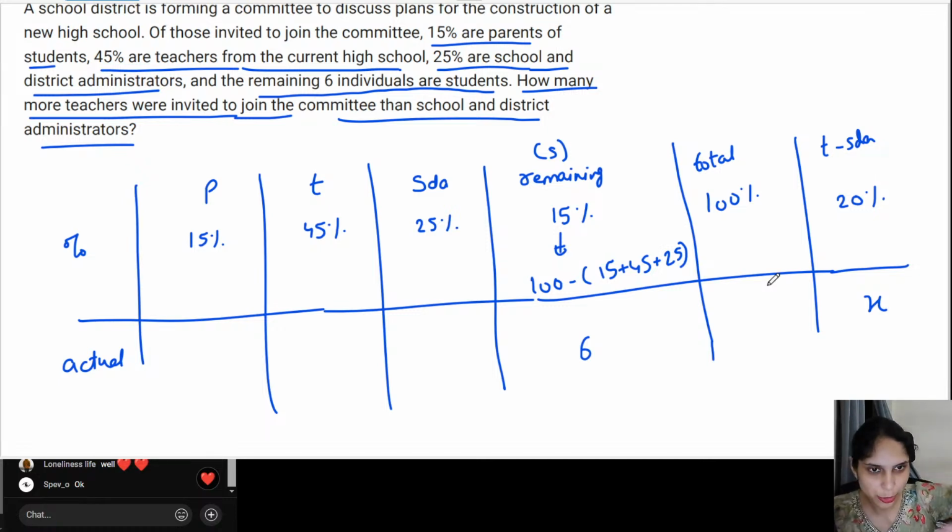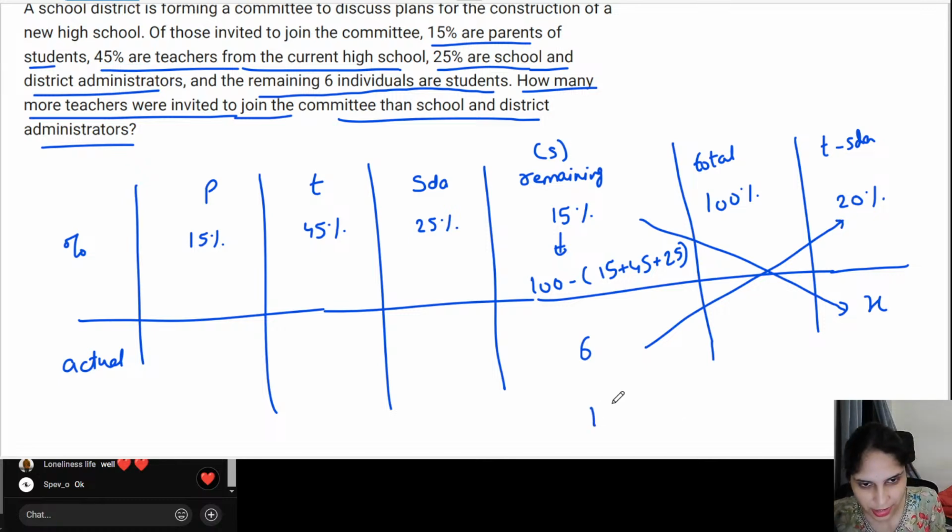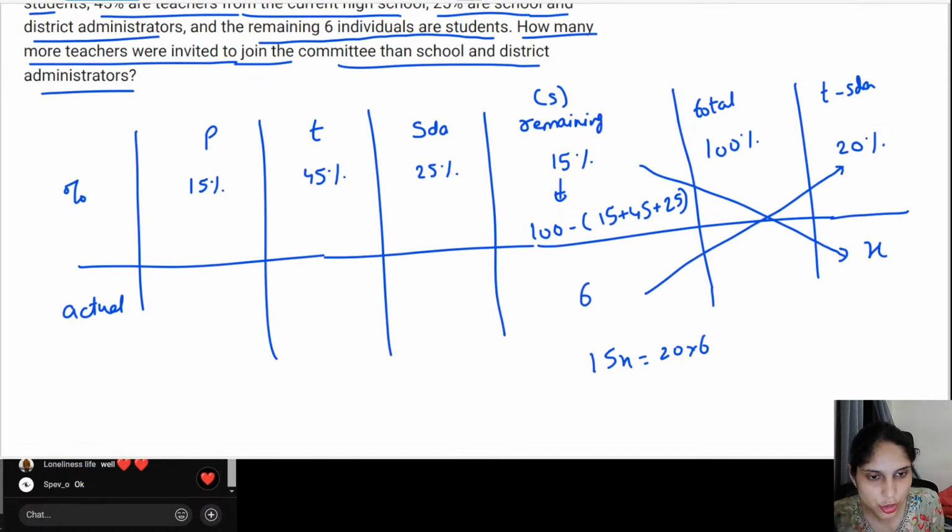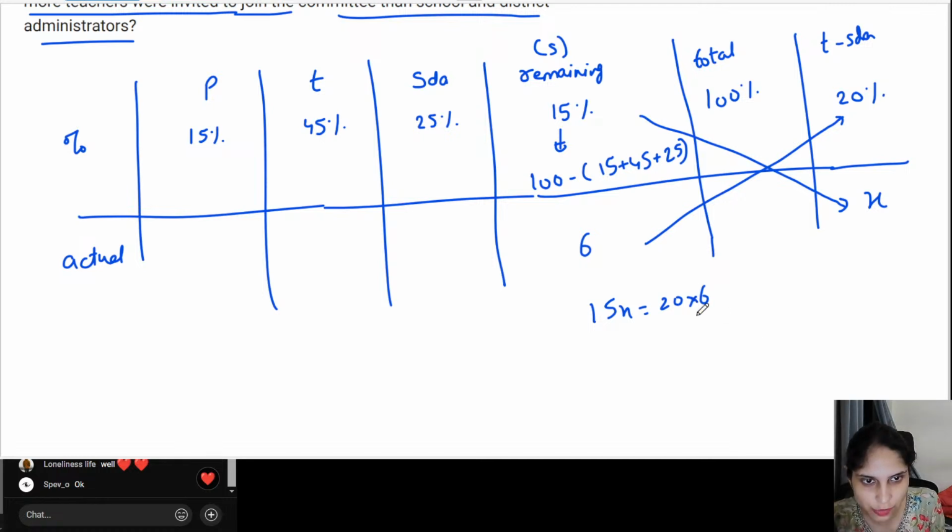We have our 4 values through which we can cross multiply. So 15x is equal to 20 times 6. And this is the shortest method through which you can solve these kinds of problems. So 15x is 120. X is going to be 8. So how many more? 8 more. So 8 is your answer.